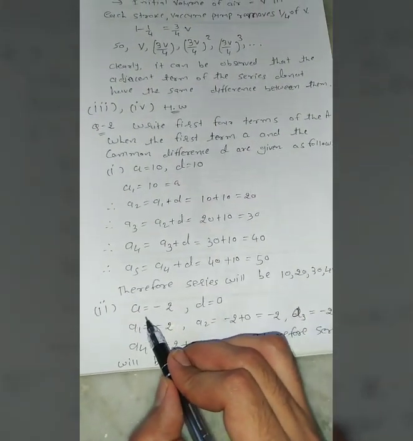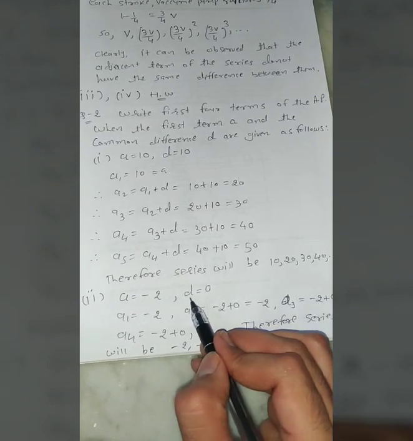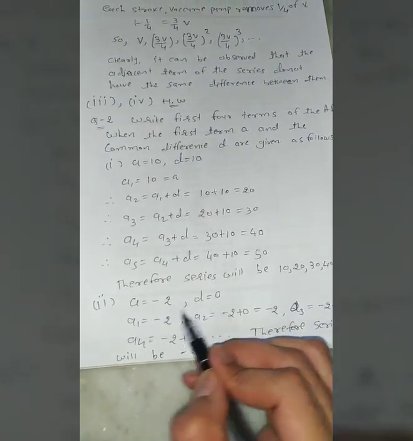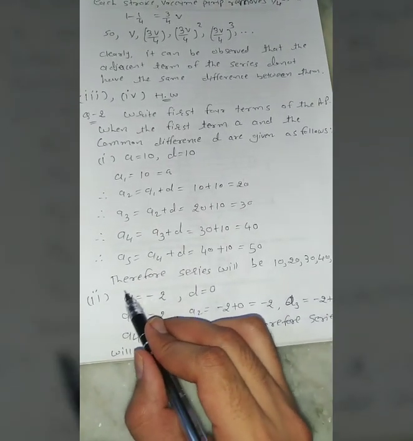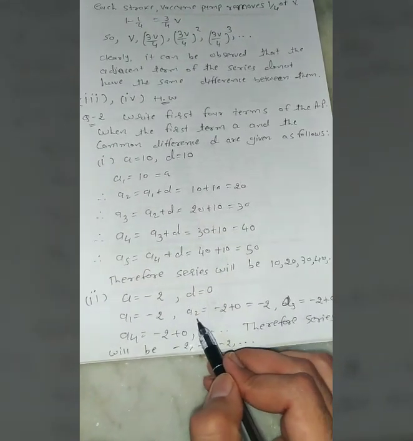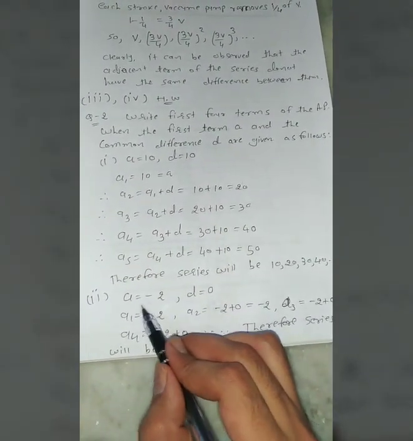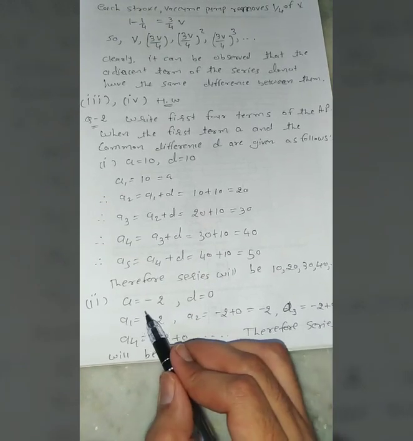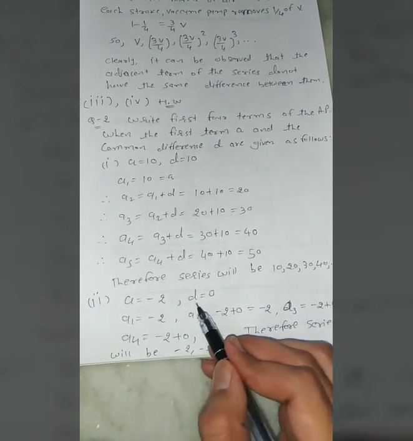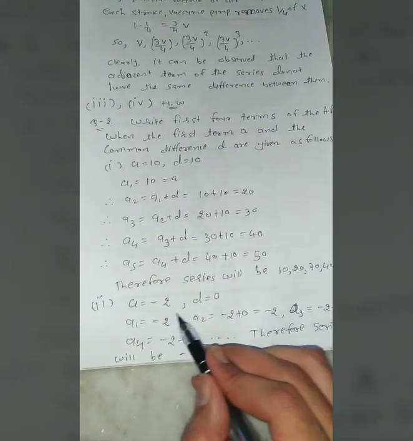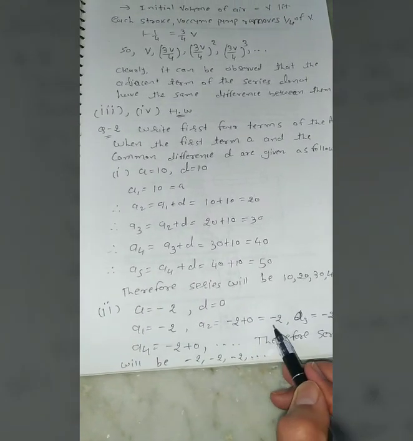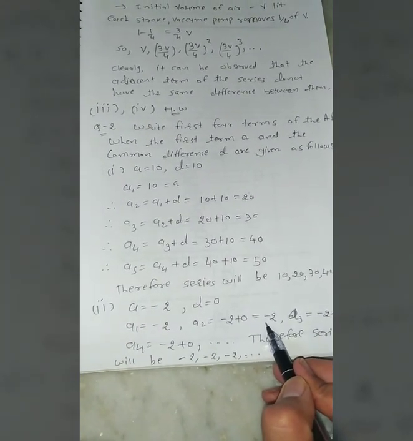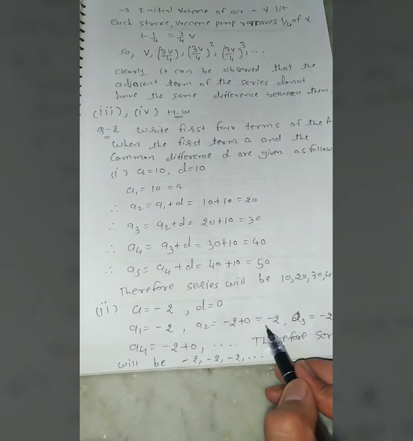Let's take a is equal to minus 2, d is equal to 0. Here a1 is equal to the first term, and the second term a2 is equal to a1 plus d. Here a1 is equal to minus 2 and d is equal to 0, so minus 2 plus 0 is equal to minus 2. In this way a2 is equal to minus 2.